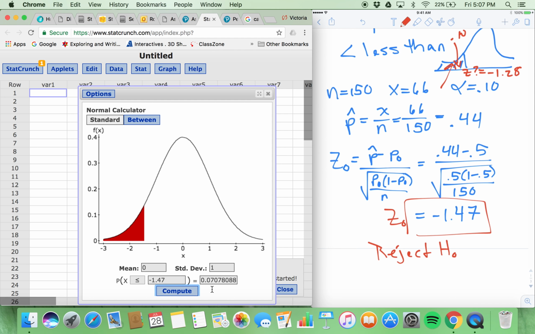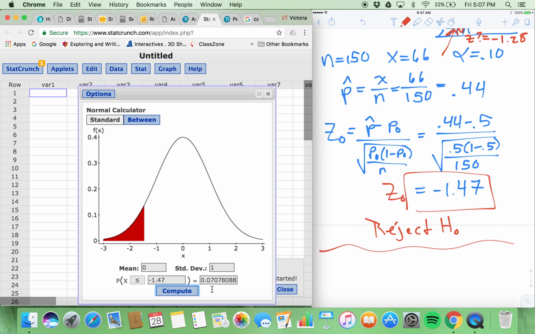So here my p is 0.0708. The way that you do the p-test is you compare p to alpha, and in this case, alpha was 0.10. The p-test always goes like this. It doesn't matter if it's a left-tailed test, a right-tailed test, or a two-tailed test.